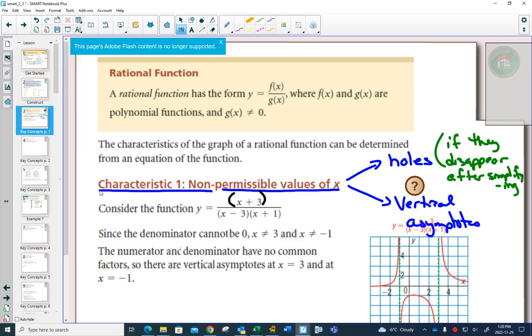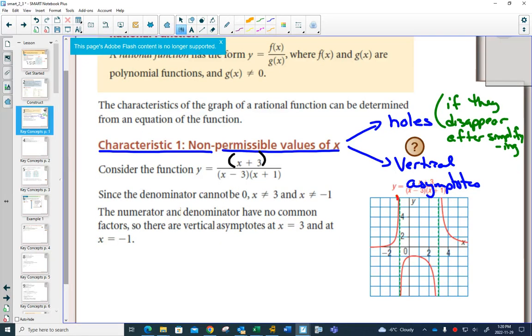So if you have a red pen, add a dotted line here, add a dotted line here. You would have one at -1 and one at 3. If we look at what type of graph this is, can you see that you have a parabola on the bottom and a line on the top?